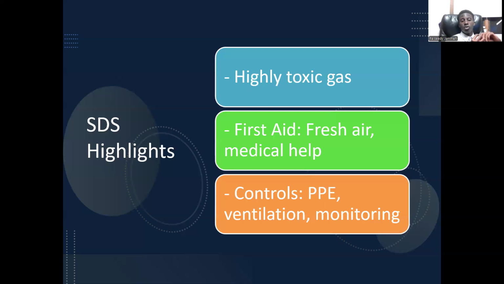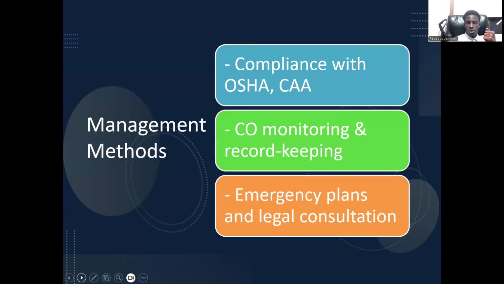So what they do is make sure that any institution that is exposed to high-risk chemicals must have first aid in place. There must be first aid provided to the employees. There must be training provided. There must be a proper ventilation system. There must be proper personal protective equipment provided to the workers at that institution.